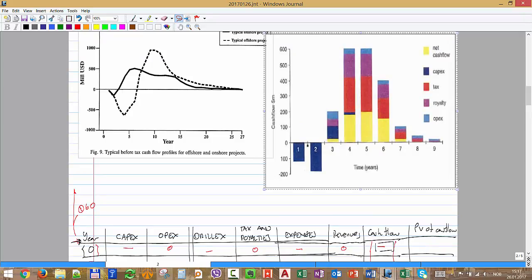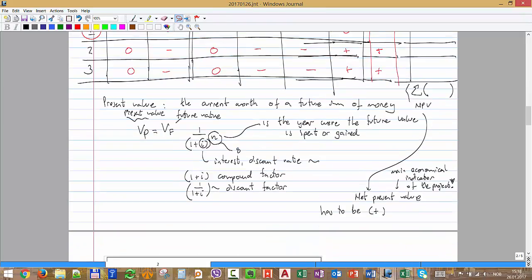So you can see initially you have just capex, you have no positive cash flow, and then you start having OPEX, you have the royalties, you have the tax, and you have also some capex initially. Okay, so you can see how it is split in time, but at the end what I want is the sum of all of that, but in the same reference, in the same present value. Please don't forget to discount it. Okay, this process that I describe here is discounting the amount. Okay, discounting the cash flow.